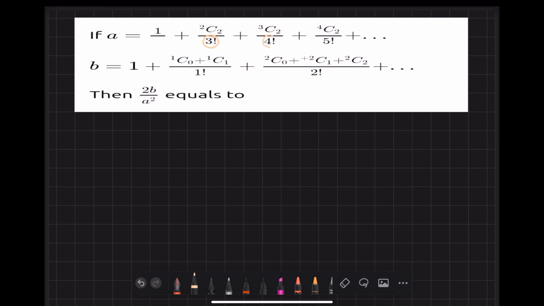Whenever you witness some factorial in the denominator, always think about e power x. Do you remember e power x?